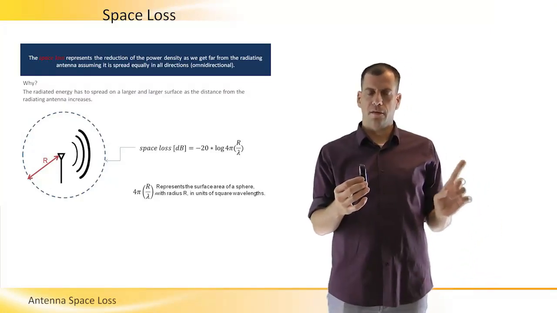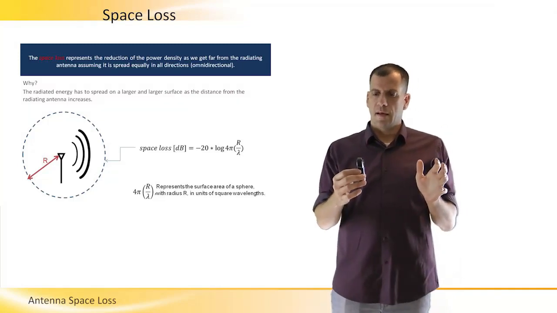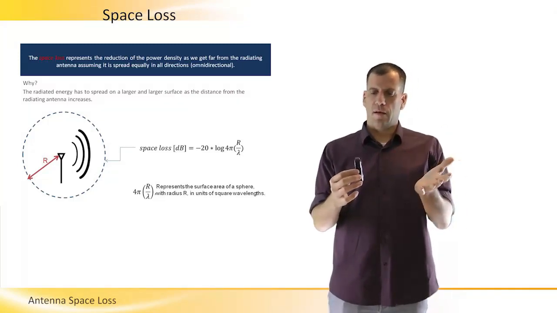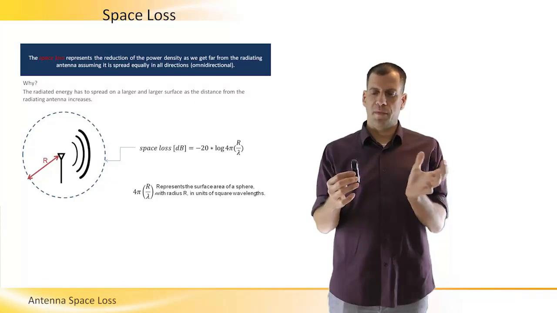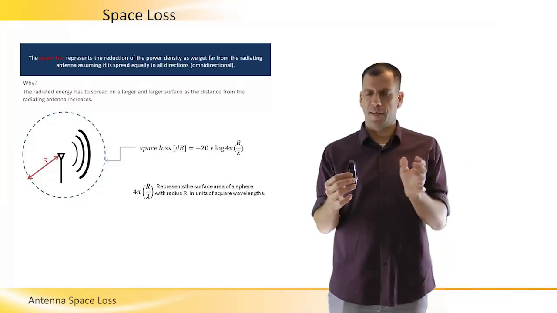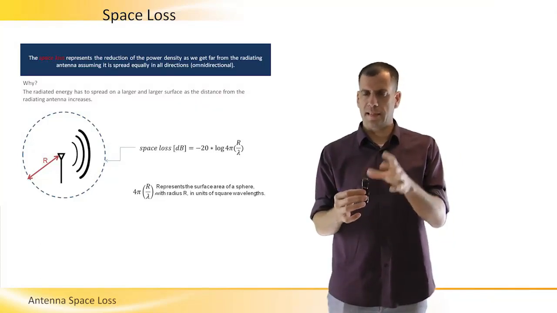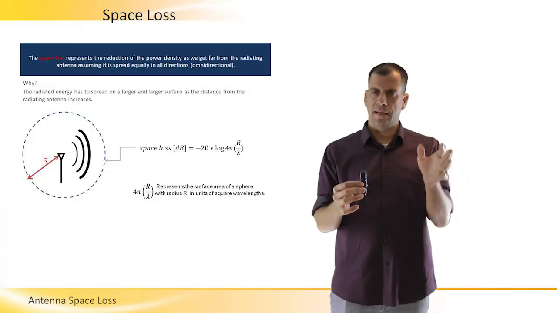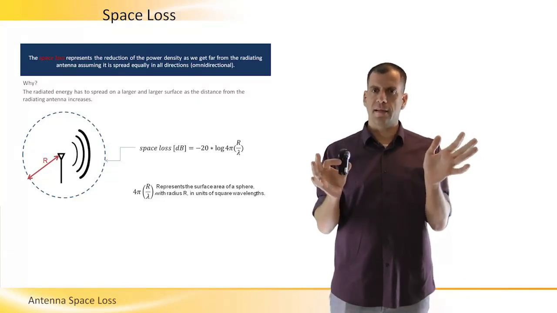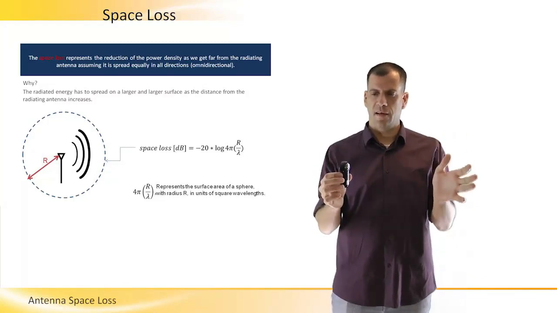Okay, here there is something I want to emphasize. We measure distance in meters, but antennas don't really care much about meters, okay? Because antennas have different frequencies. The unit that antennas are interested in is wavelength.